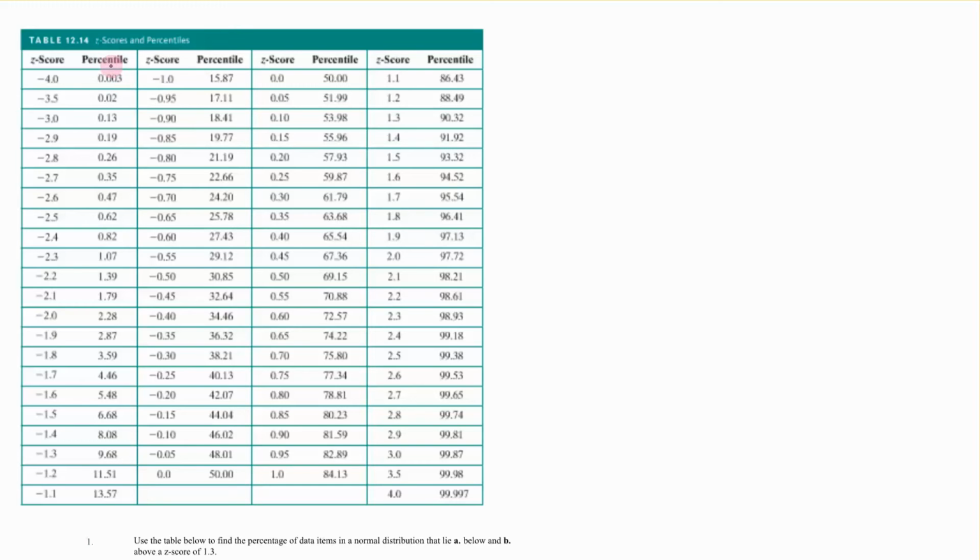If your z-score is 0, what does that mean? We're talking about the mean. You're in exactly the 50th percentile. If your z-score is 2, you are 2 standard deviations to the right of the mean, you're in the 97.72 percentile. Okay, so z-scores and percentiles, you don't have to figure out that percentile. It is in a table and it will be given to you.